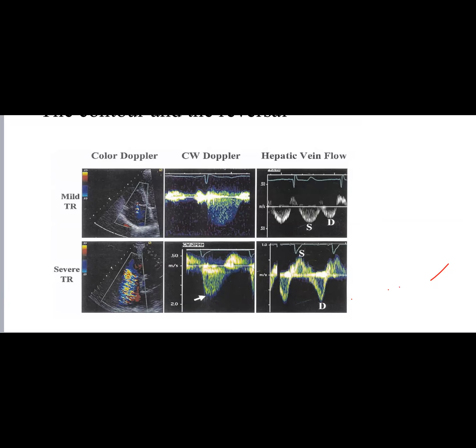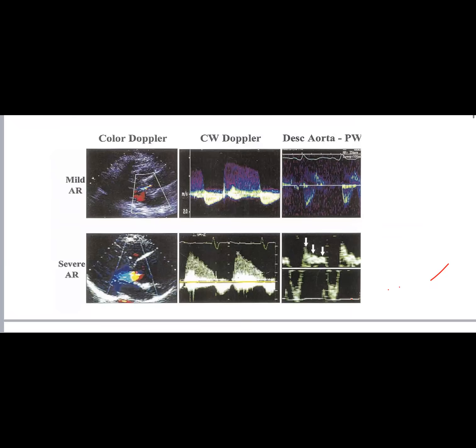Okay. Now when we come to the AR, we have the AR deceleration time. You see the one in the middle, the AR deceleration time, and the reversal in the descending aorta. Good.